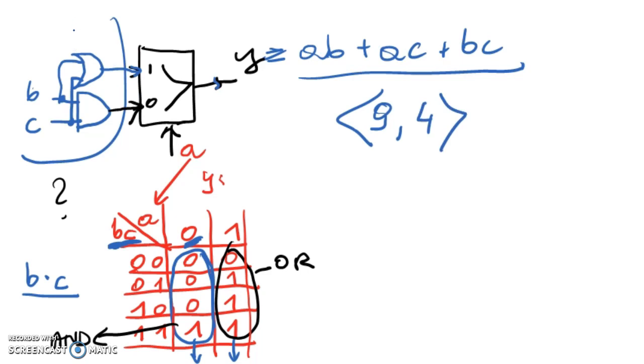And if you calculate the cost only for these two gates, you get 2 times less. But of course, you must use gates to implement a multiplexer. Okay, so you can compare the cost by yourself.